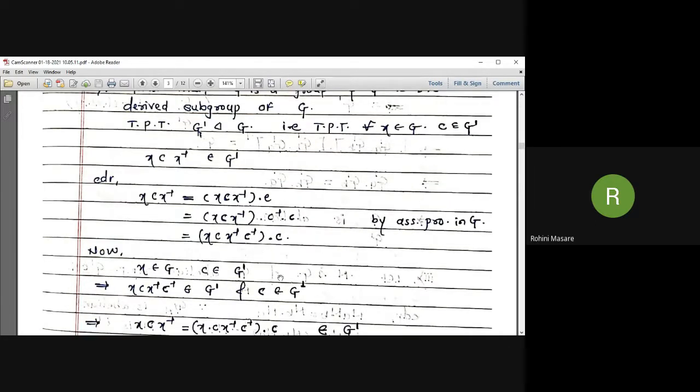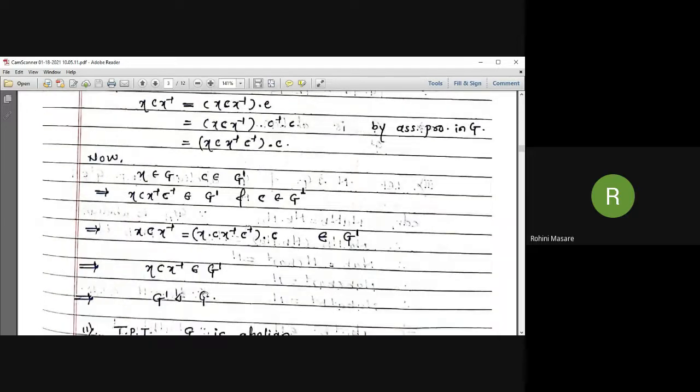Now look here. We take an x from G and c from G dash. Then x c x inverse c inverse belongs to G dash. Why? Because G dash is the derived subgroup of G. So x c x inverse c inverse belongs to G dash and c also belongs to G dash.